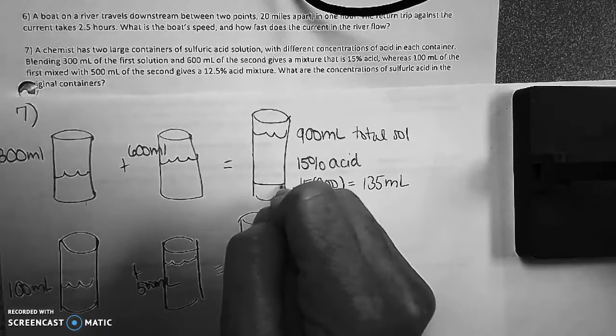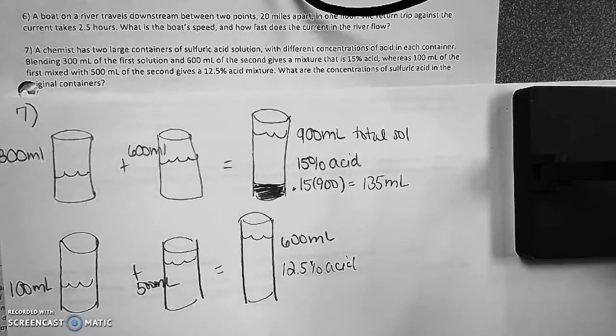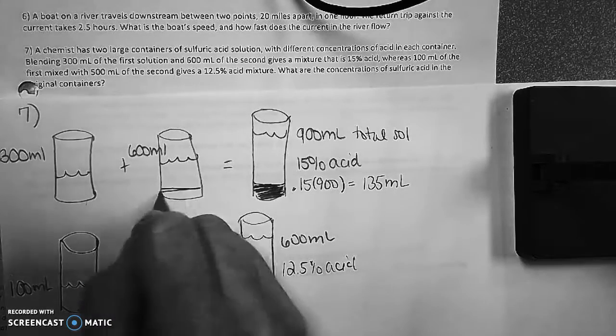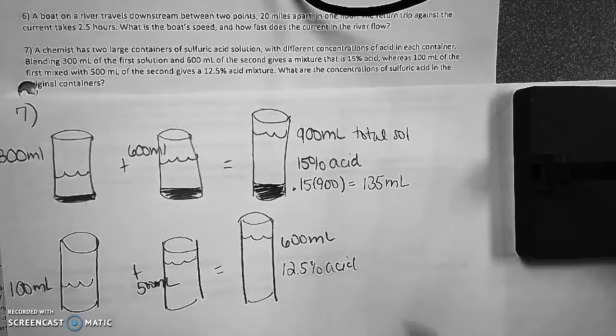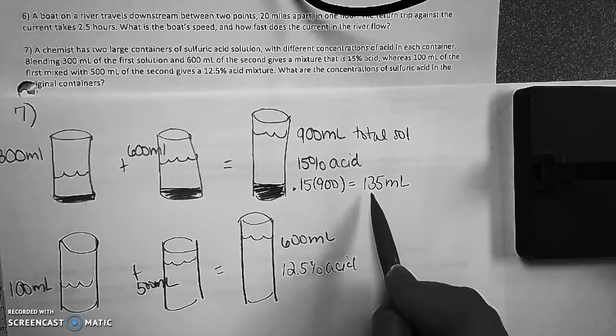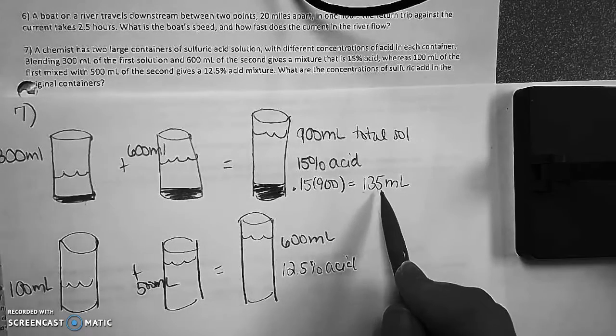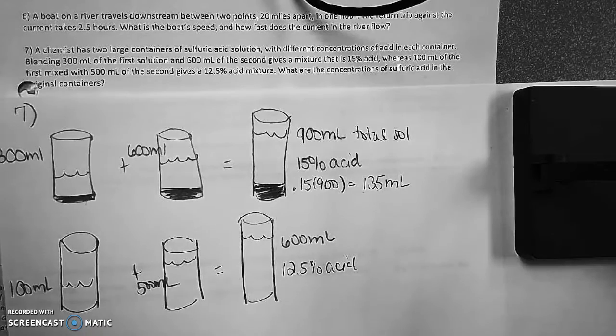That's the acid. Now where did that acid come from? Some of it came from here, and some of it came from here. We know that there's 135 milliliters of acid in all, so we have to think about where that came from, and we'll come back to that in just a second.